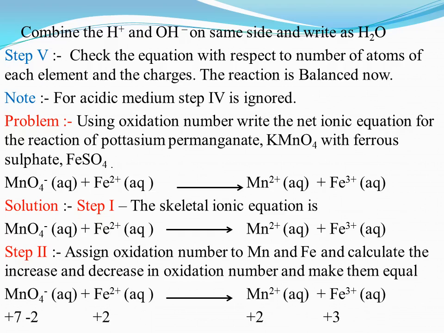The oxidation numbers are calculated and written below the symbol of the elements. The oxidation number of Mn is +7. The oxidation number of oxygen is -2. The oxidation number of Fe is +2. The oxidation number of Mn is +2 on right hand side. The oxidation number of Fe is +3 on right hand side.